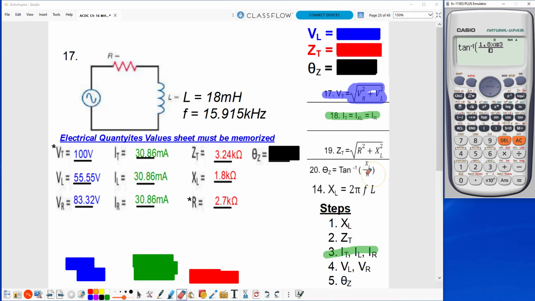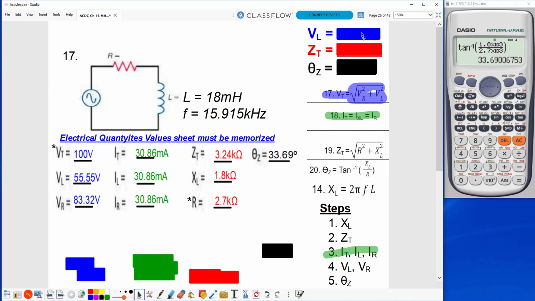R is going to go on the bottom, as you see right here in Formula 20. 2.7 times 10 to the third. You're going to scroll over, close parentheses, hit equals. So theta Z is equal to 33.69 degrees. This is a degrees answer. You don't have to put degrees on the homework or on the test.